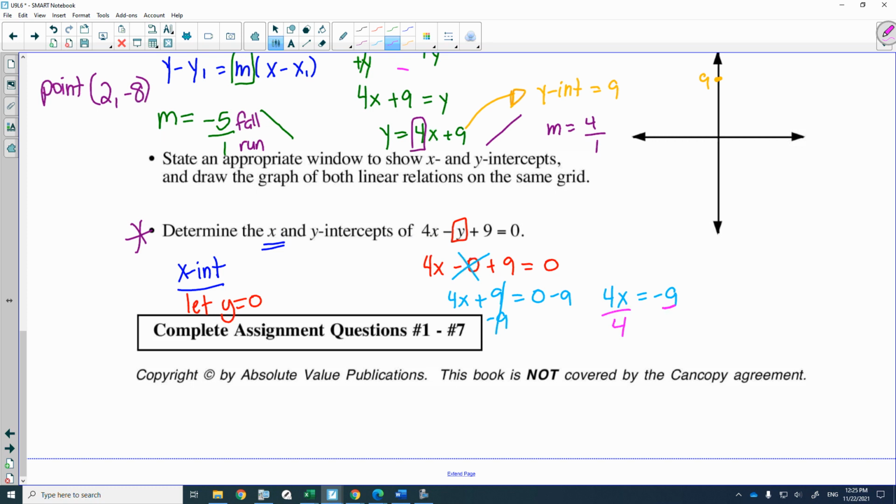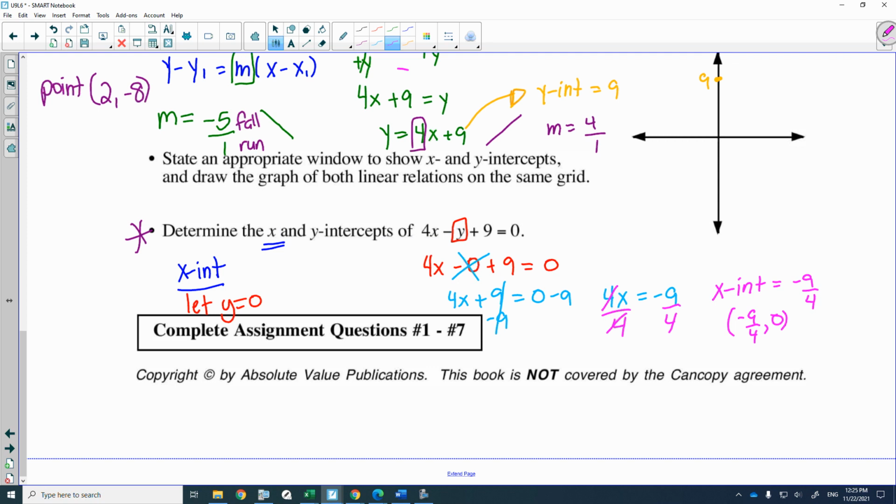Divide it by 4. So the x-intercept is negative 9 over 4. If they said, what is that ordered pair? The x is negative 9 over 4. You'd figure out what that decimal is. And the y is 0.